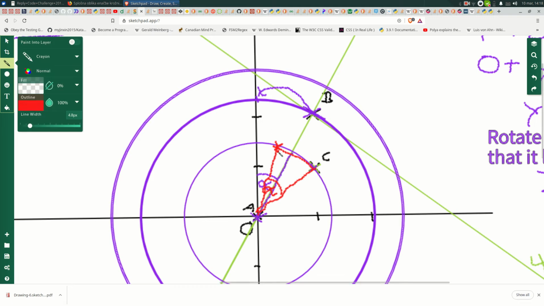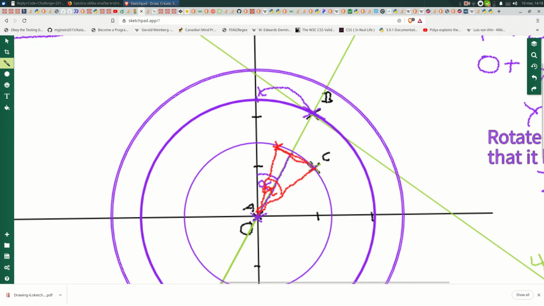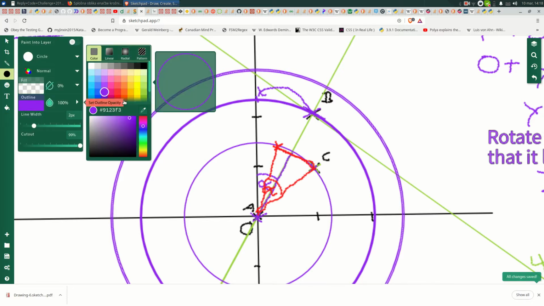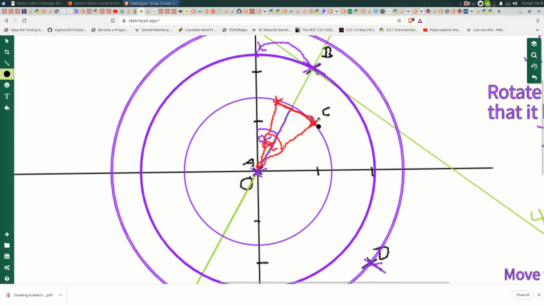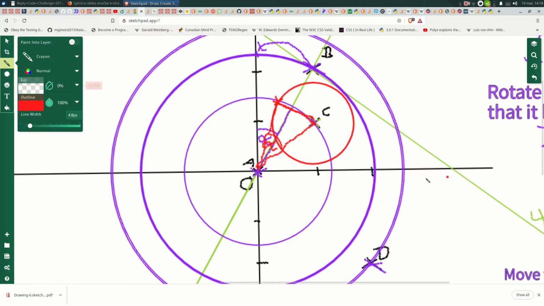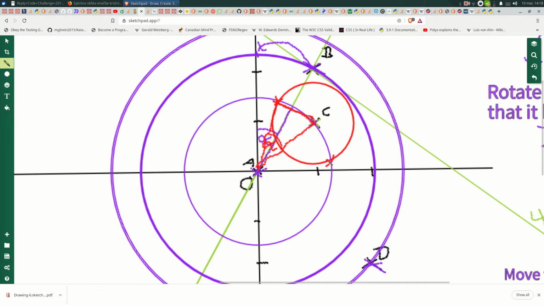I'm certain that we can find out the length with the cosine expression, the length of this thing, which is then the new radius, and then we make that into a circle. So that circle then crosses the original circle at 2 points. One is over here and one is over there.